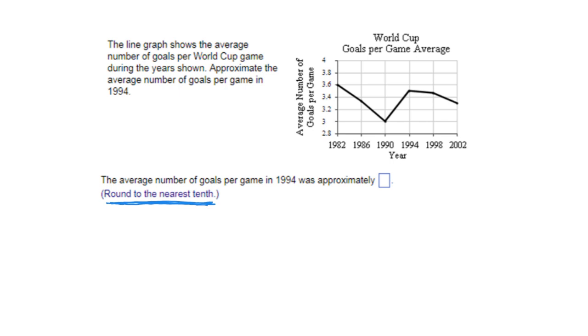So if we take a look here for the year of 1994, we're going to go vertically up for the year 1994 till we get to our graph. And it looks like it's contained right here at this point. And what you want to do next is move to the left until you get to the vertical axis. So I'm going to draw my dashed line again.